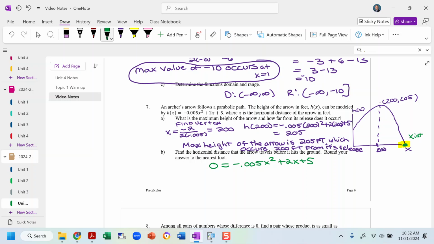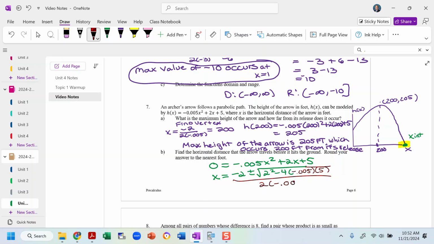So when you do this, you're going to do the quadratic formula. Four times a, which is negative 0.005, times c, all over 2a.